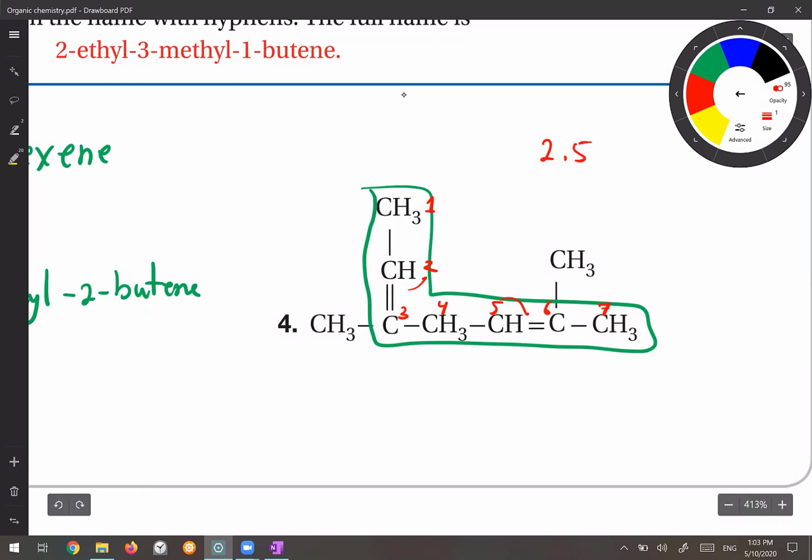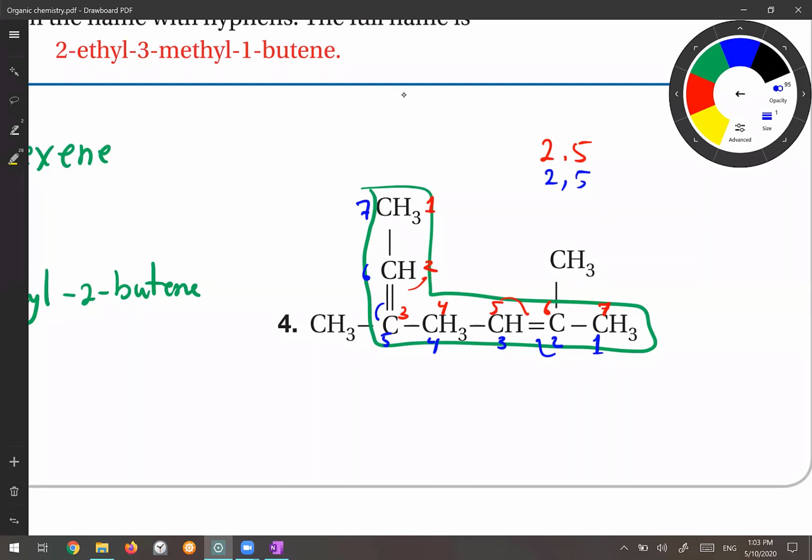Now, if I number this from the right side, this is carbon number 1, carbon number 2, number 3, number 4, number 5, number 6, number 7. The first double bond is on carbon number 2, and the next double bond is on carbon number 5. So again here, there is no difference for the double bonds from which side you number the parent.